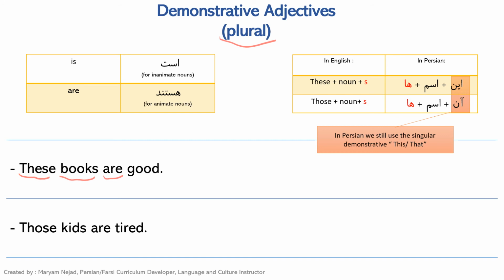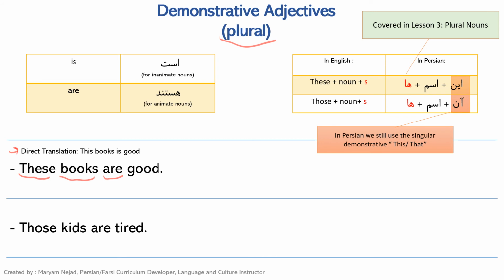So if you don't know how to make the noun plural, make sure you check out the previous lesson on plural nouns. So basically, like a direct translation would be this books. This is what we should say. And because book is an inanimate noun, then we need to use the verb is. So it's going to go as این کتاب‌ها خوب است.